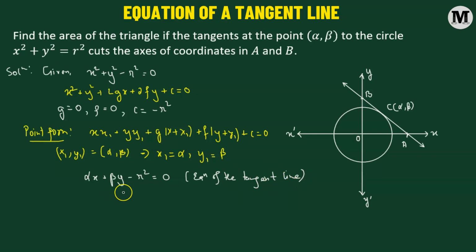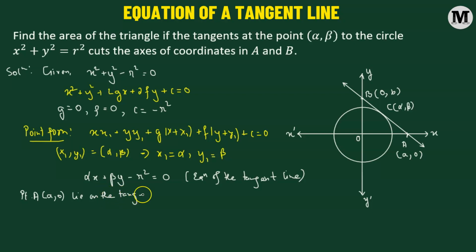Now that we have the equation of the tangent line, we'll find the coordinates of points A and B. Let us suppose the coordinates of point A are denoted by a comma 0. The y coordinate is 0 and the x coordinate is a. For B, we will suppose the coordinates are 0 comma b. Let's first find the coordinates of point A. Point A, having coordinates a comma 0, lies on the tangent line.